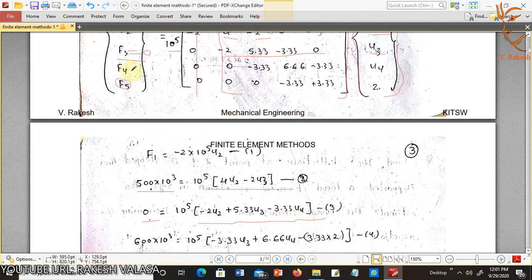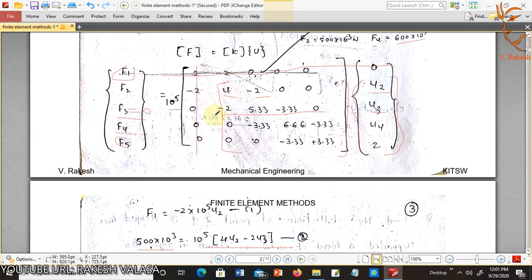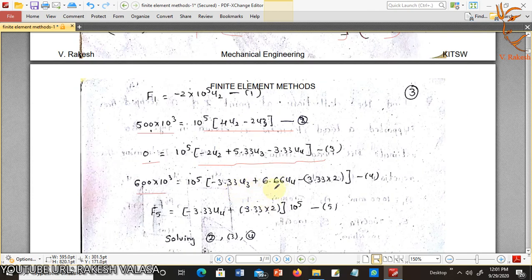F4 is 600 kilonewtons. 600 into 10 cube equal to 10 power 5 into the fourth row, that means 0 into u2 minus 3.33 u3 plus 6.66 u4 minus 3.33 into 2. This is equation number 4.